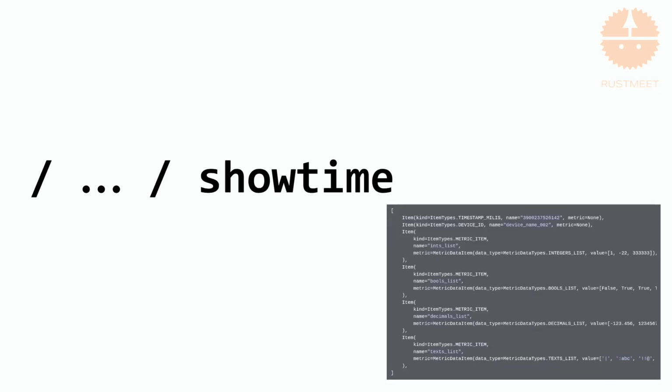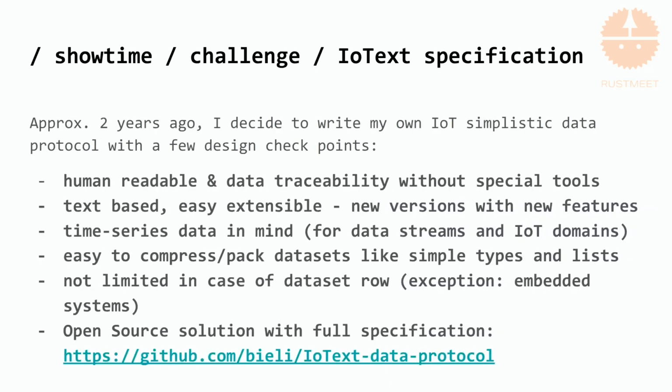So, showtime. I would like to show you the motivations behind the IoText protocol. I would like a protocol that is human readable, like JSON, with simplicity in mind, with easy traceability without special tools.